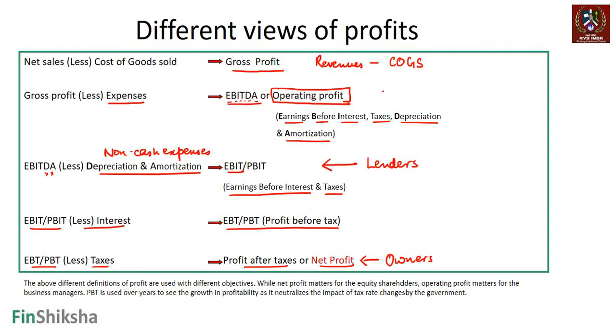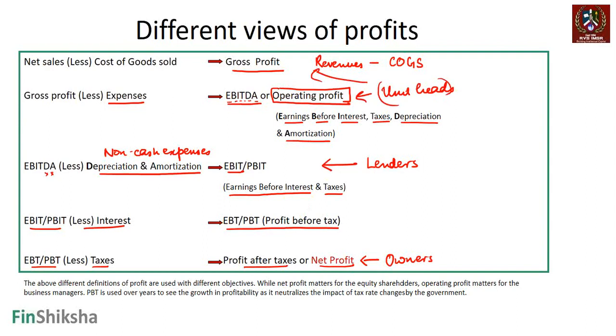If you're looking at specific unit heads or operational heads, they are going to look at these two views of profit, the gross profit and the EBITDA, correct? So multiple people within the system of the company will look at all these multiple views of profits.